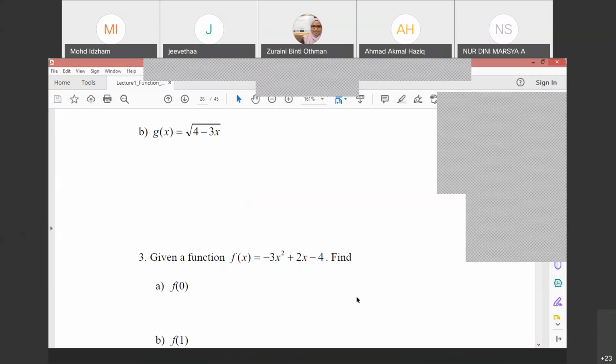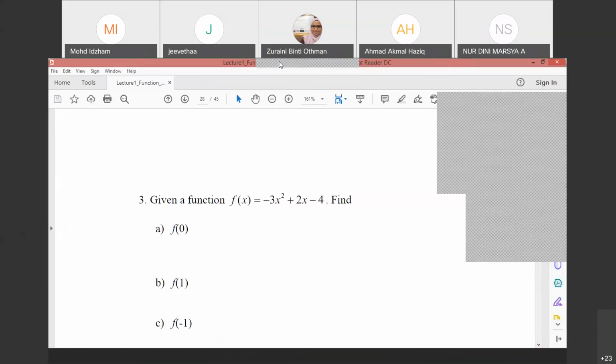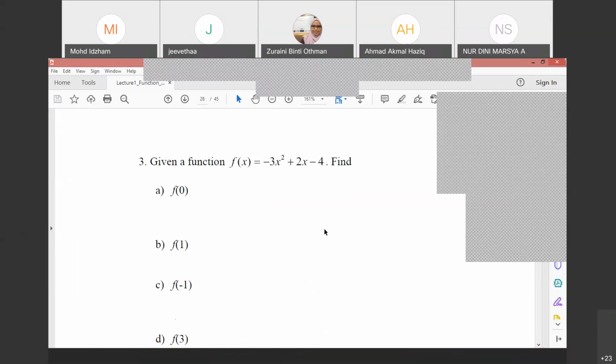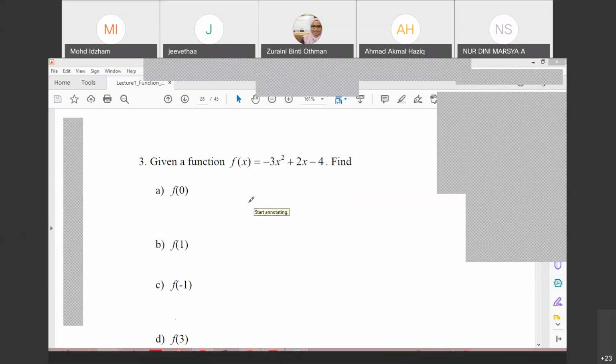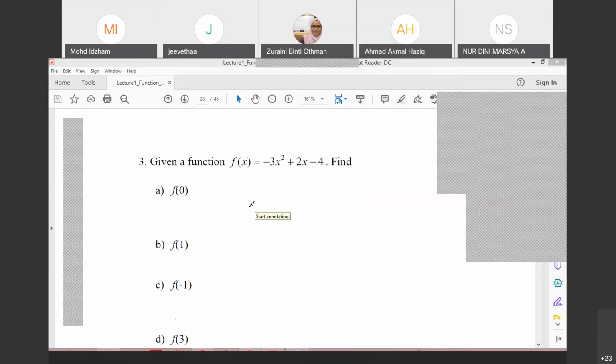Okay, for number 3, what is the answer for 3A? 3A dapat apa? F0. Okay, Fatihah said negative 4. Is there any answer other than negative 4? Okay. F1?